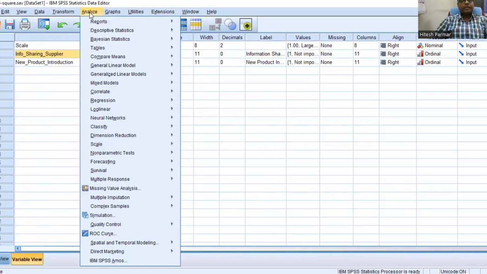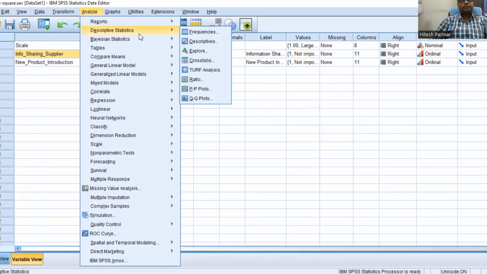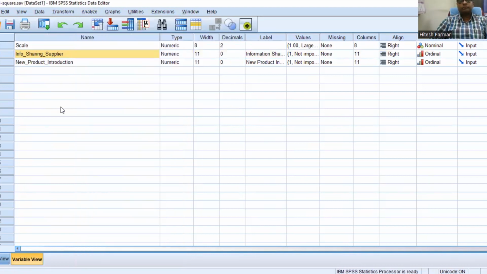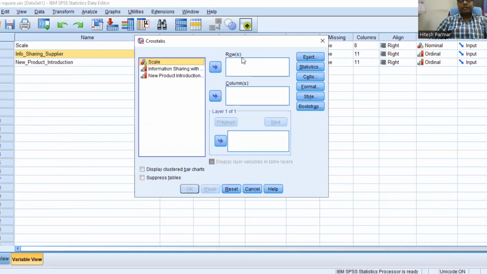How to test? We click on Analyze, then Descriptive Statistics, and then Crosstabs. Then we have row and column available. Scale we can transfer as row, and information sharing with supplier as column.